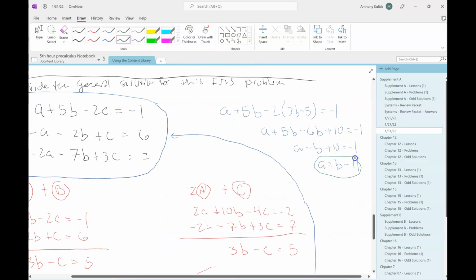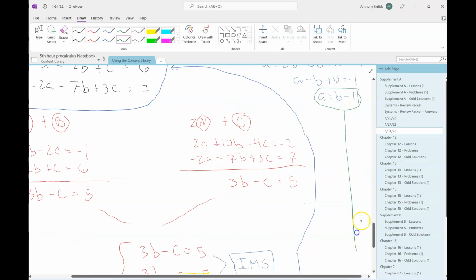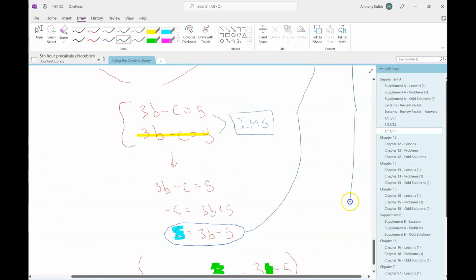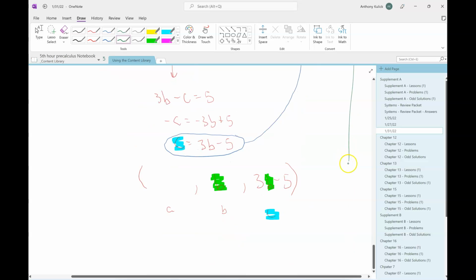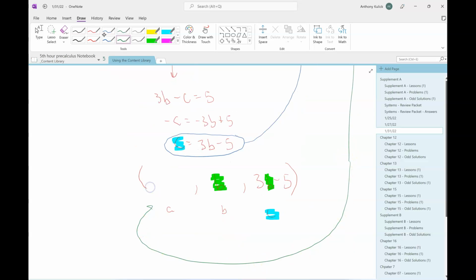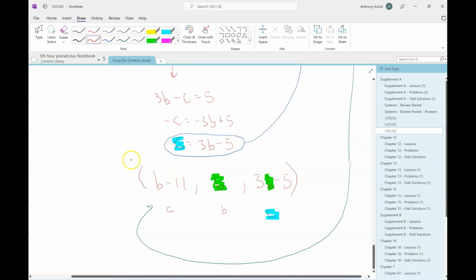So I'm going to take this and plug it back in here, in the A spot. So this is my general solution.